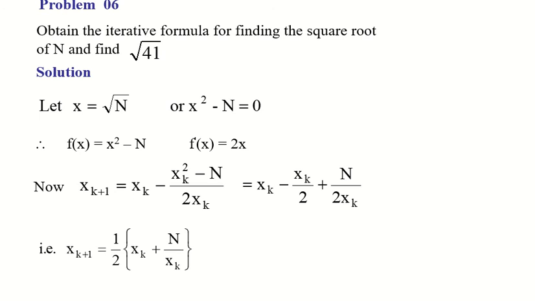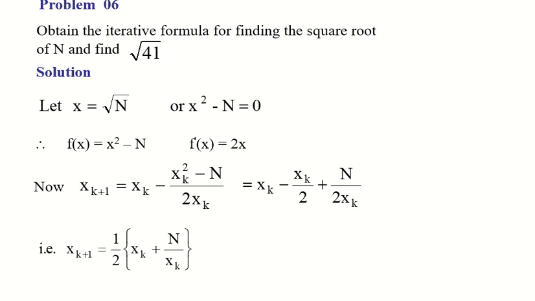Simplify: xk minus xk square by 2xk, that is xk by 2. Minus of minus becomes plus, plus n by 2xk.